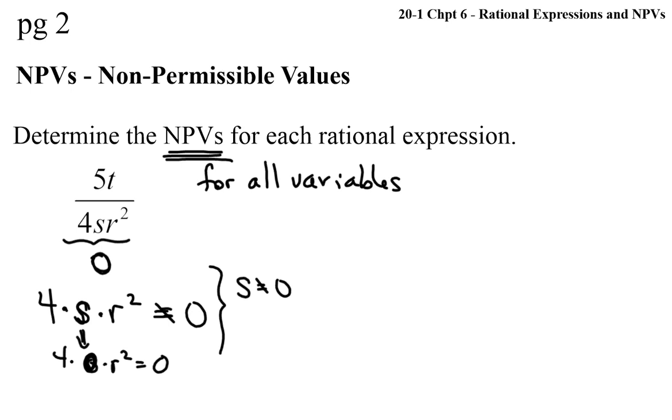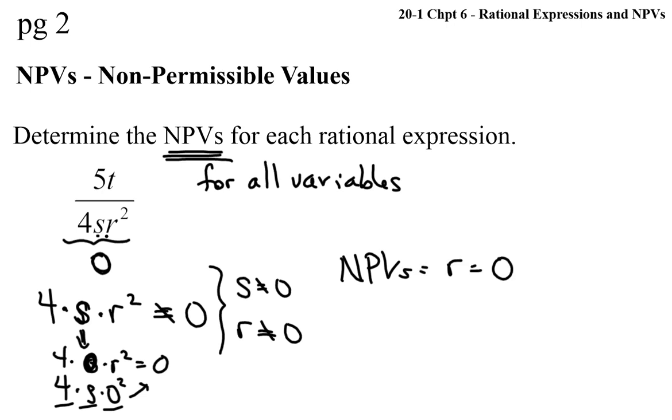And it's the same thing for the r. 4 times s times, if r was 0, well, 0 squared is 0 times s is 0, and 0 times 4 is 0. So if r was 0, it creates a value of 0. So we can't have s or r equal to 0. Those would be the NPVs. The non-permissible values, r would be 0 and s would be 0 because they can't be 0.